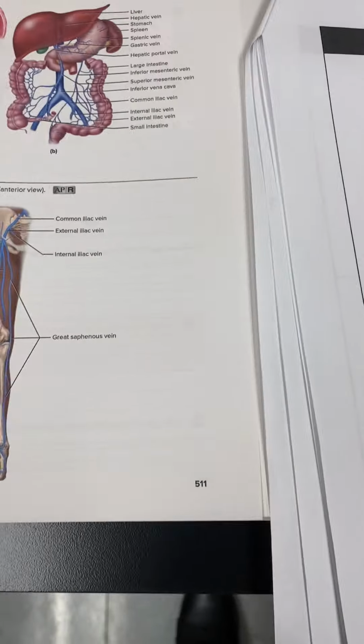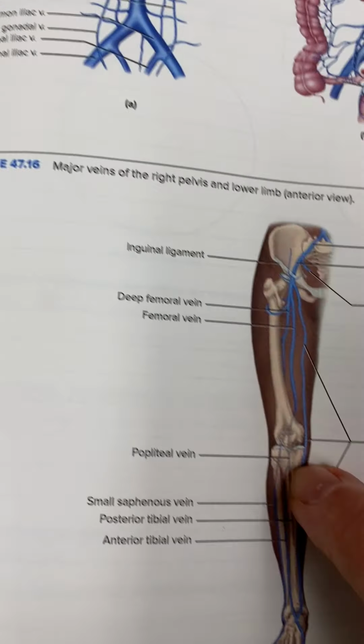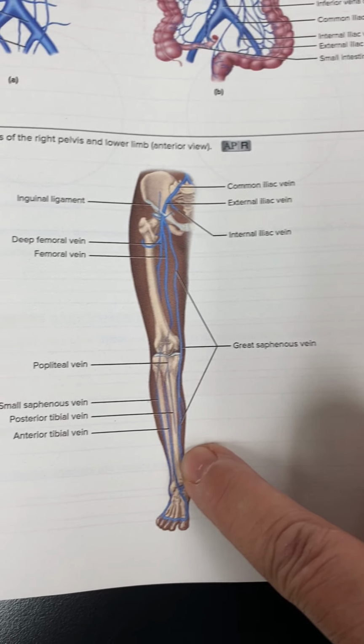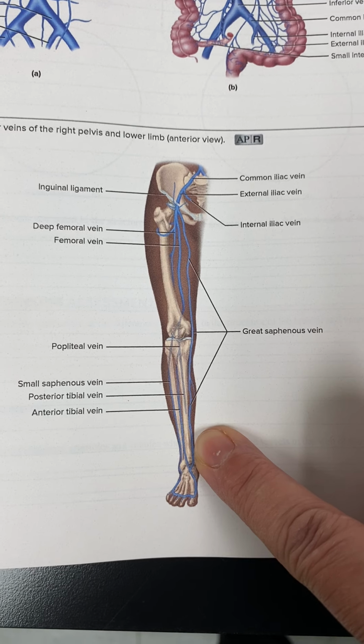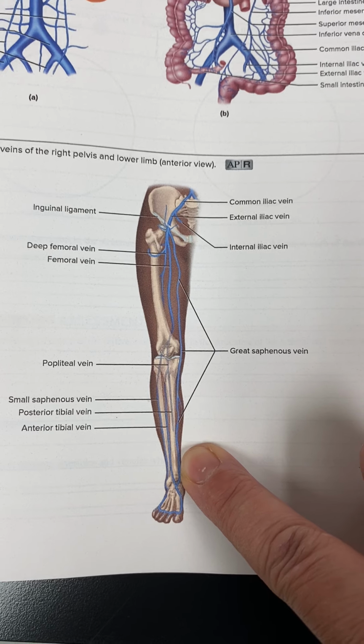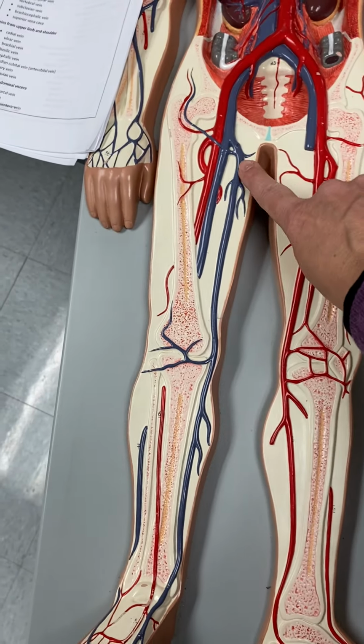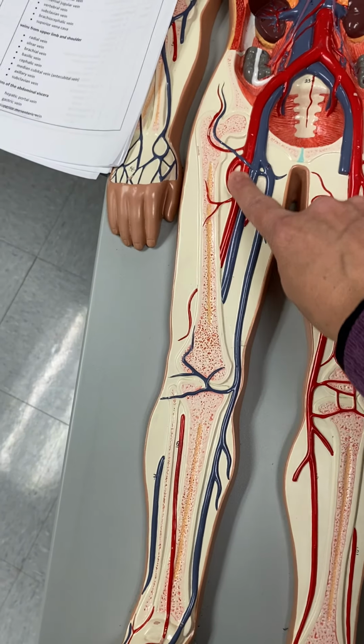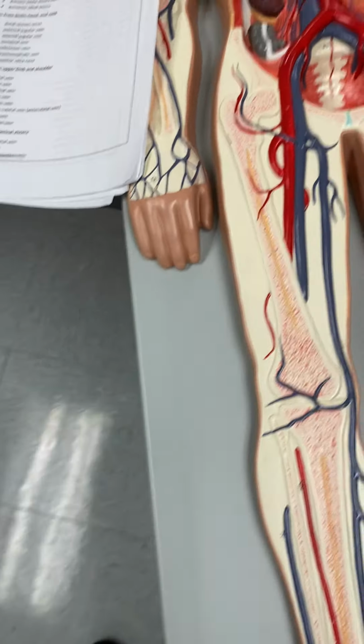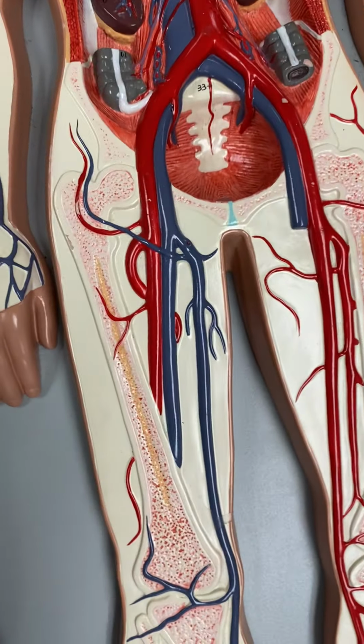There is also really the popliteal. It's going to be on the image here, as well as the posterior and anterior tibial veins. The model really just shows the great saphenous and the femoral vein for the leg.